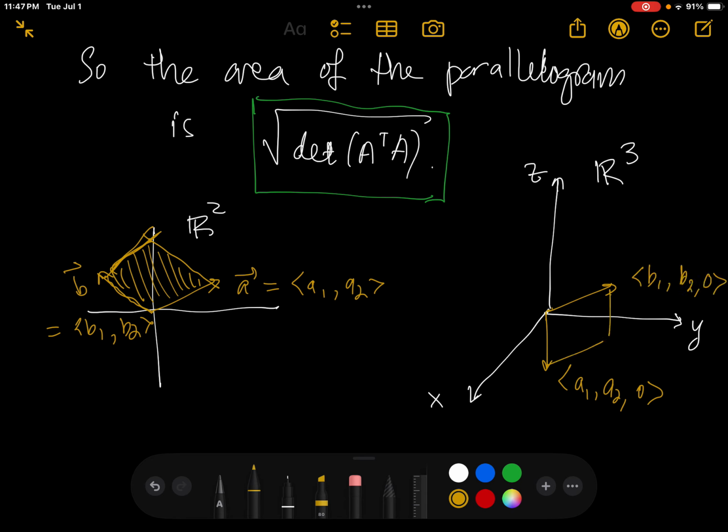Right? These are two vectors in R3, and you have the same thing.